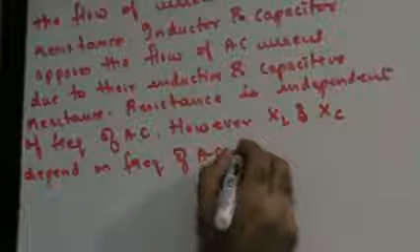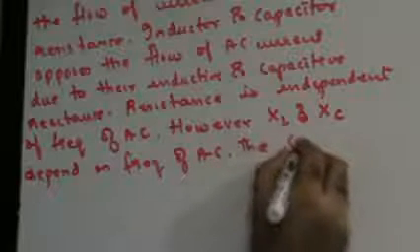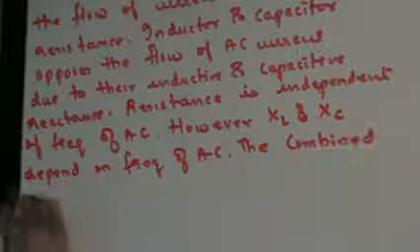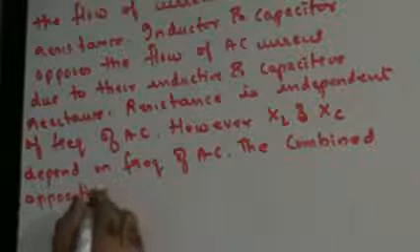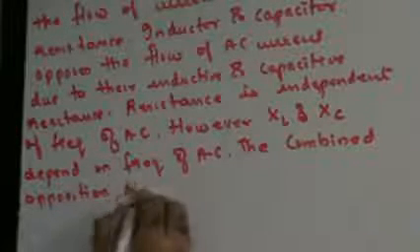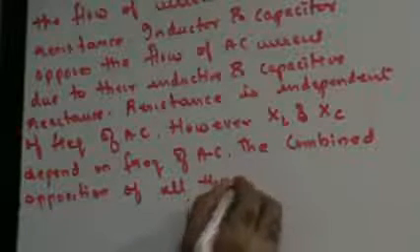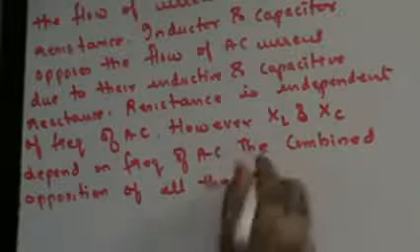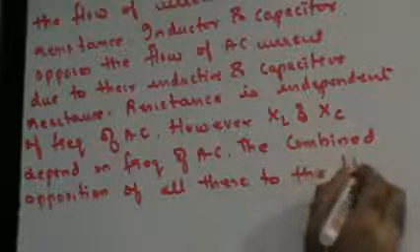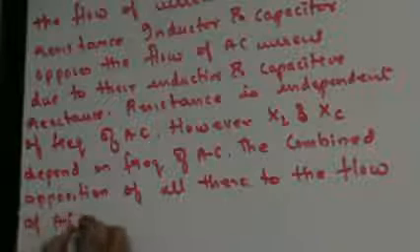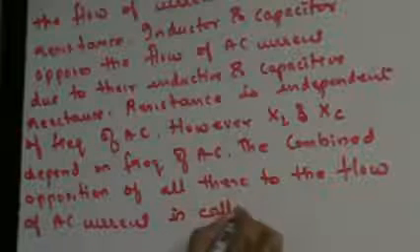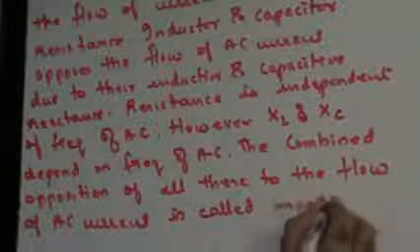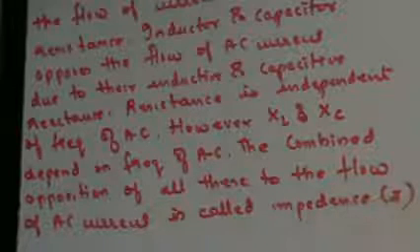The combined opposition of all these to the flow of AC current is called impedance. Impedance is denoted as Z.